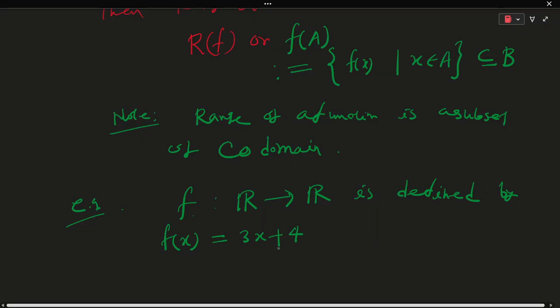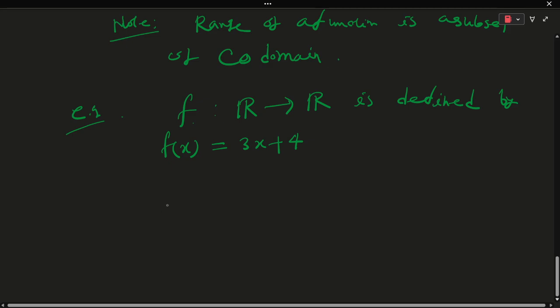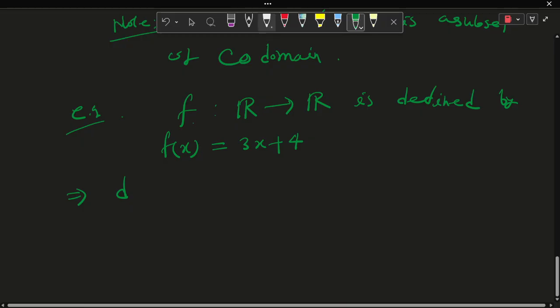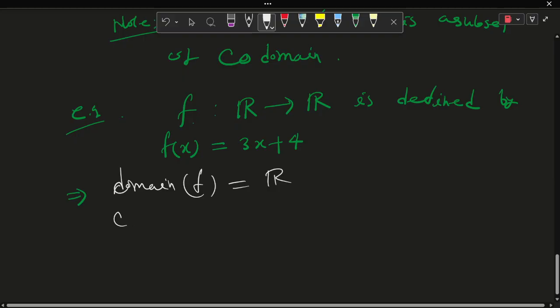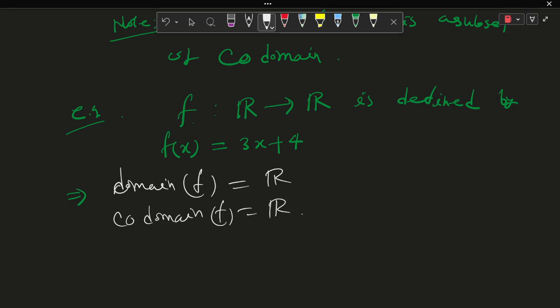This is a rule. So the domain and codomain are the same, right? So here the domain of f equals R, and the codomain of f is also R.